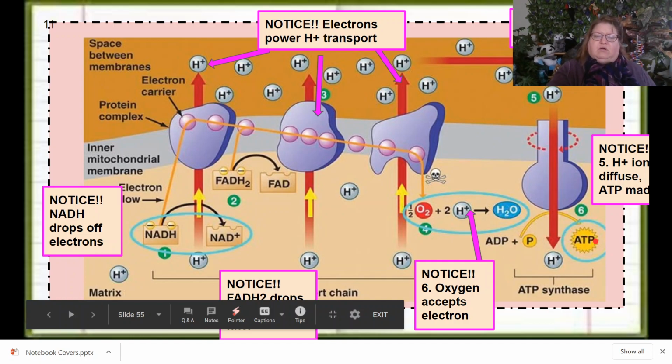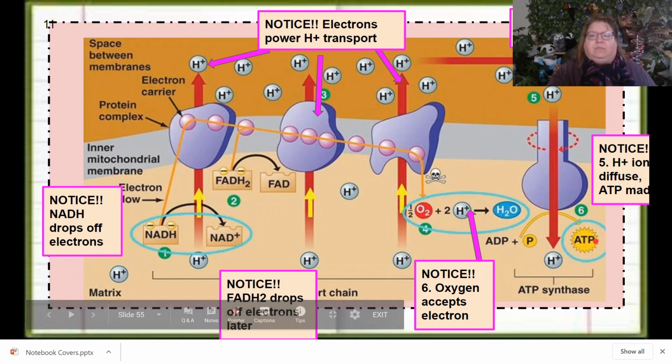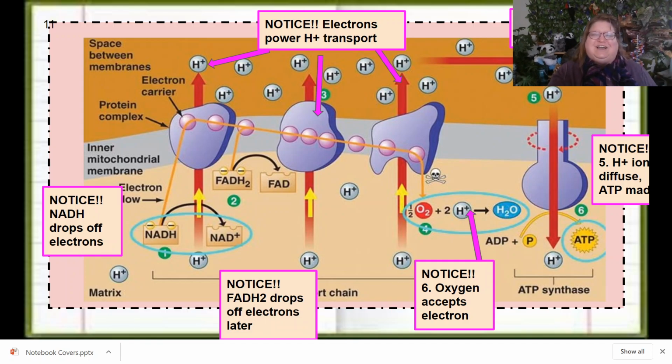So that is kind of a complicated TikTok dance, if you will, of our electron transport. The electrons have energy, they're being dropped off, they're getting shuffled, and their power means that we can make a proton gradient, a hydrogen ion gradient.